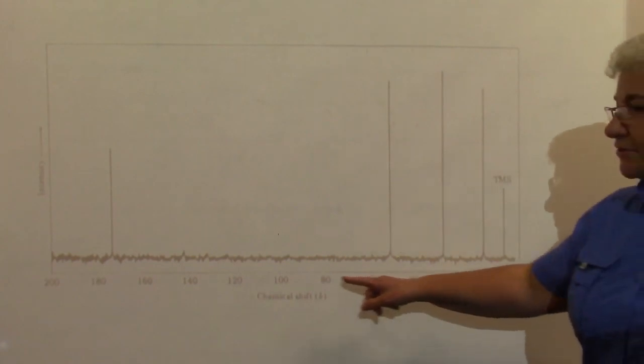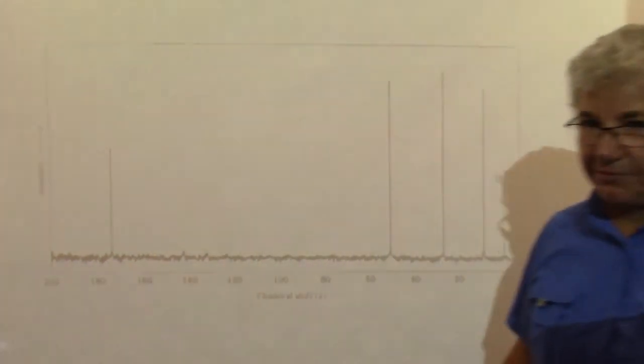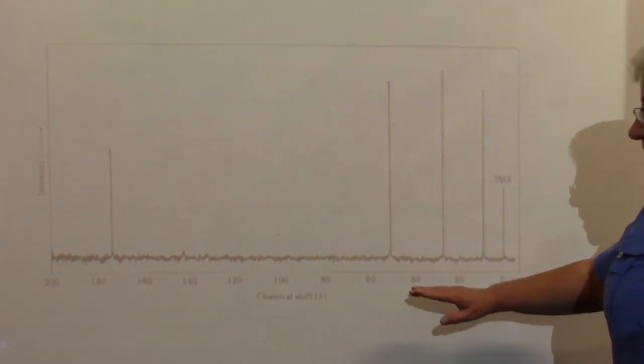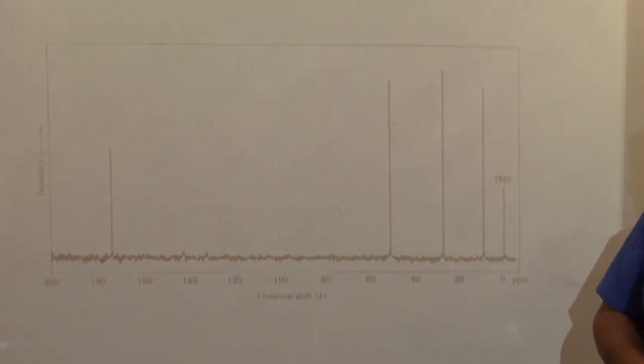This is a typical carbon NMR spectrum. When you look at spectra on a screen, you're going to notice that 0 is here, and then the numbers increase as you go across the screen that way. For a carbon, we traditionally run 0 to 200. And these numbers are called our chemical shift.